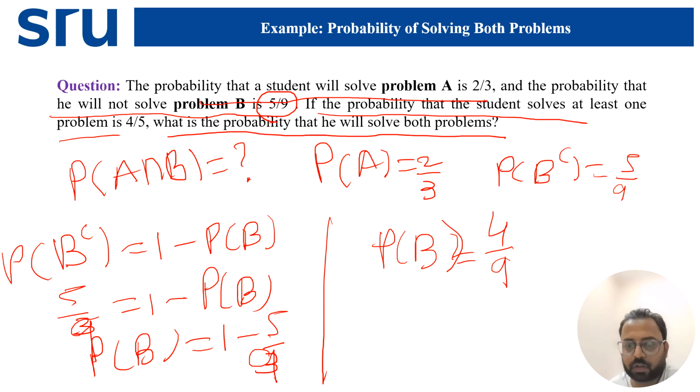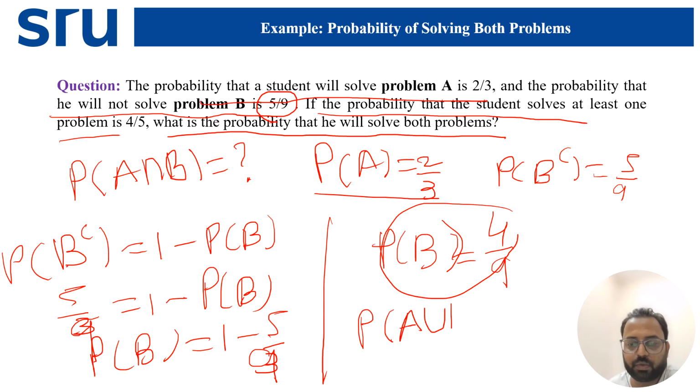So we have the probability of solving problem A, the probability of solving problem B, and the probability of solving at least one problem, so A union B is also given, 4 by 5.